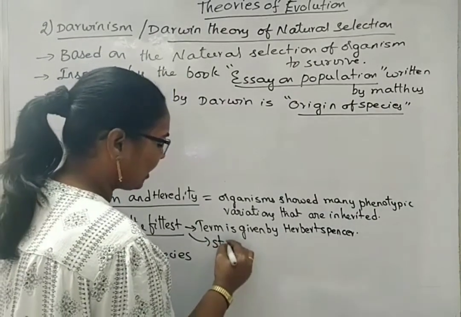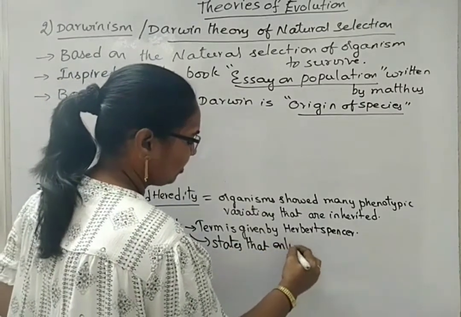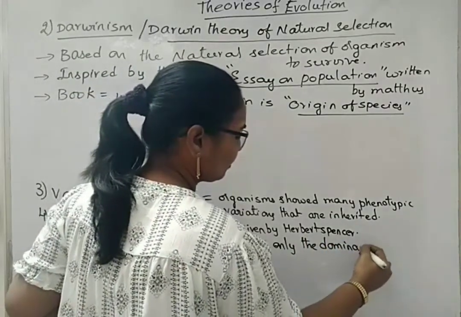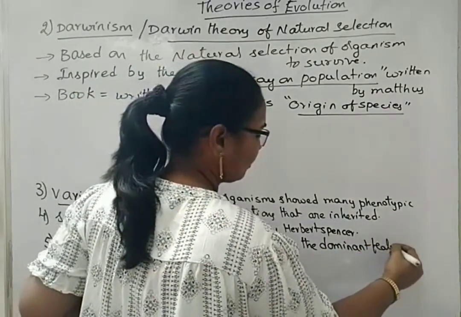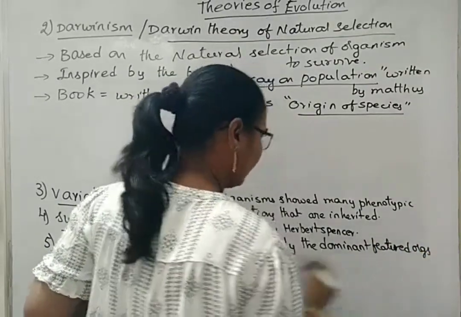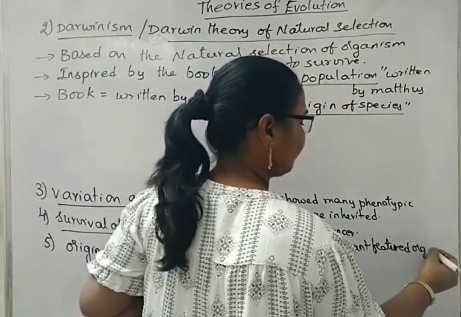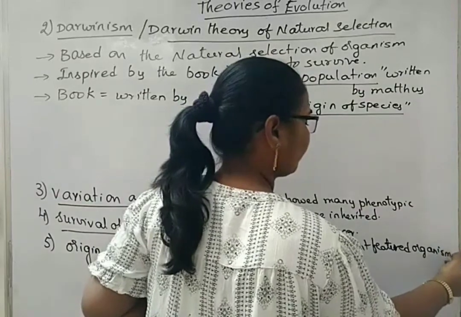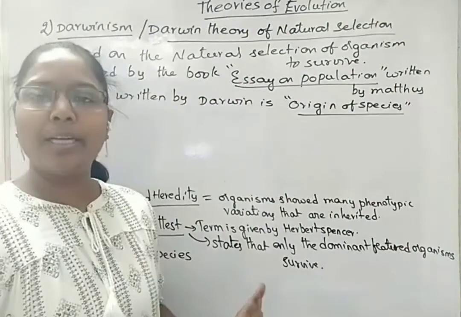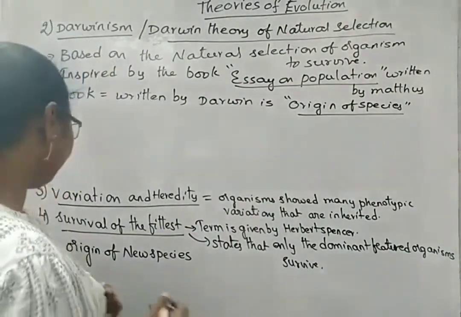So it states that only the dominant featured organisms survive and the remaining will perish. It also means that nature selects only the dominant and tolerating organisms to exist in its nature.